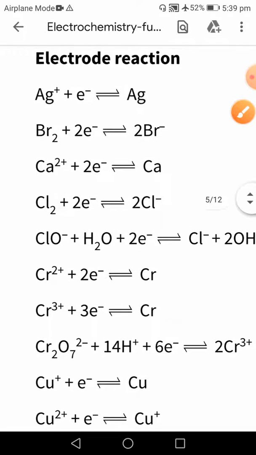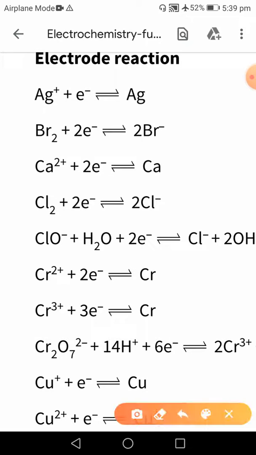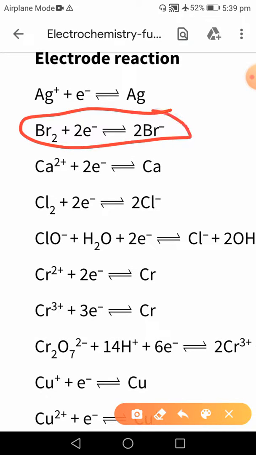Now let's go on to producing the bromine half cell. Okay, so here we have a gas supply. Bromine is a liquid, isn't it? Bromine is a liquid. Yes, I forgot. Sorry. And here we have electron.